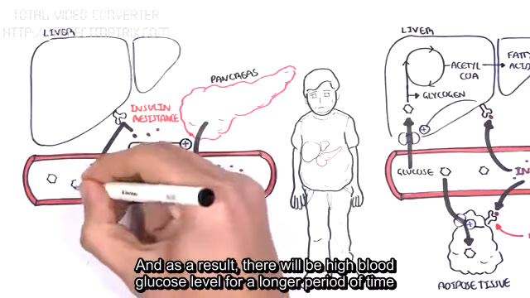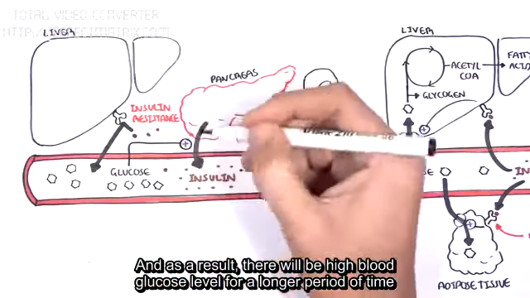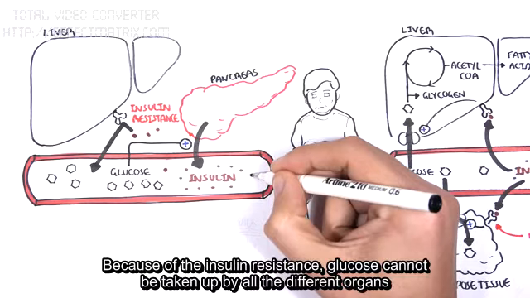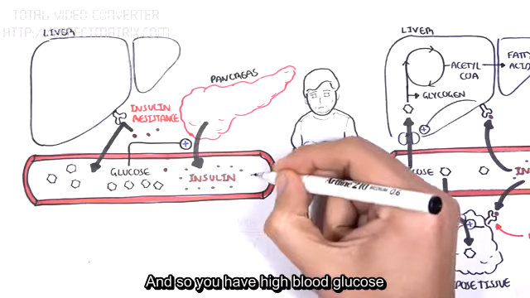As a result, there will be high blood glucose levels for longer periods of time. Now, insulin resistance occurs because of a variety of factors, including genetics, family predisposition, bad eating habits, and also obesity. So, because of insulin resistance, glucose cannot be taken up by all these different organs, and so you have high blood glucose.